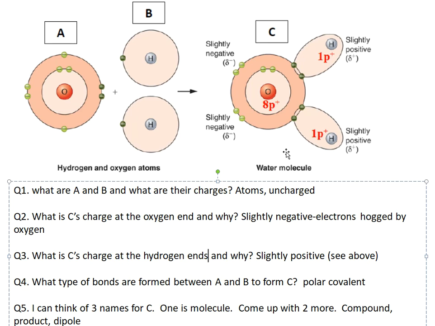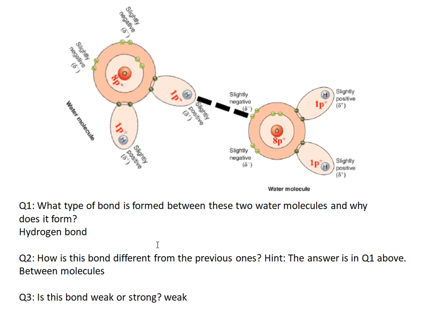Now, what is the significance of a dipole? So in other words, why do we care that the hydrogen end is slightly positive and the oxygen end is slightly negative? What's the significance of that? Well, the significance is a dipole, such as water, is attracted to other charged particles because one end is slightly positive.